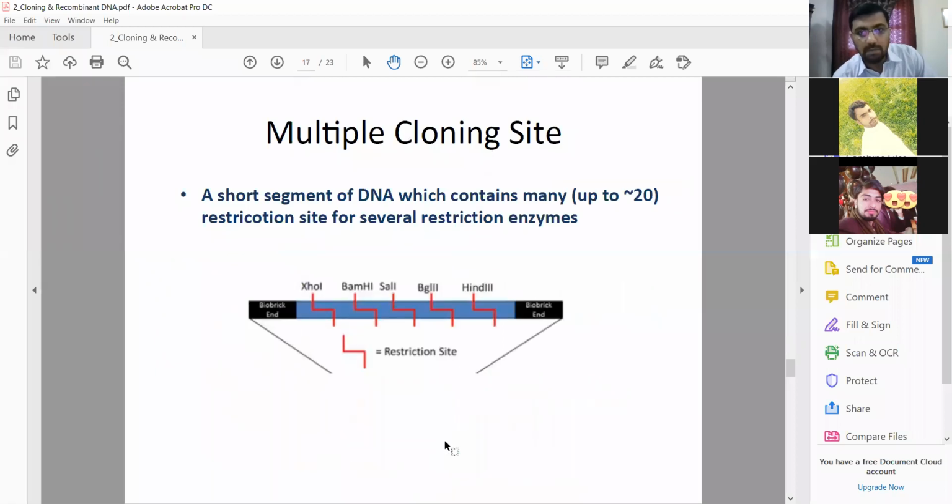So, going into a little detail of all these elements which are present within the expression vector. One is the multiple cloning site, a short segment of DNA which contains up to 20 restriction sites for several restriction enzymes, called a polylinker or multiple cloning site.